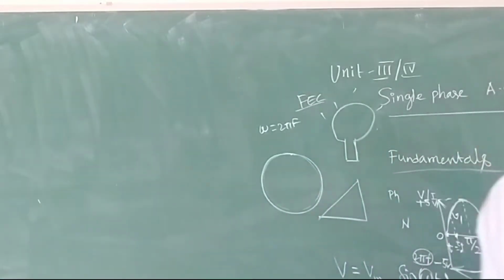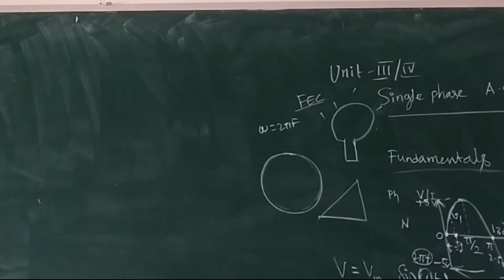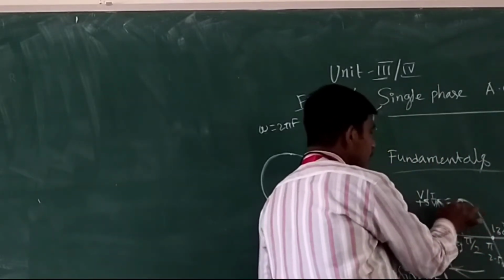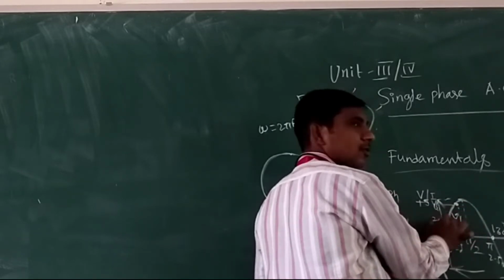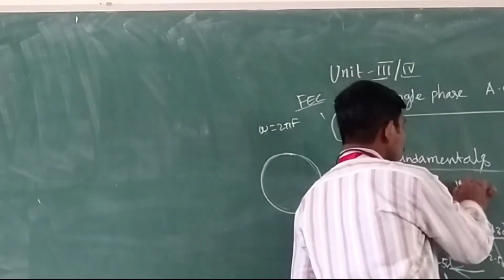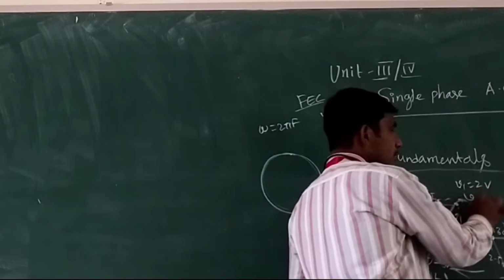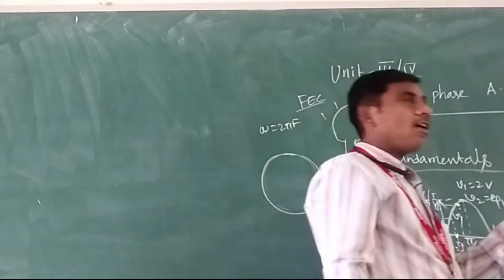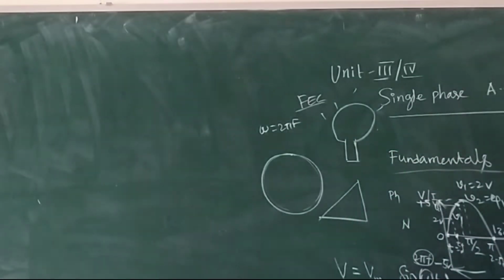The instantaneous value is always indicated by small letters, V1, V2. At this instant, the voltage is 4 volts. At this instant, 2 volts. That is V1 equal to 2 volts, V2 equal to 4 volts, like that. Instantaneous values are always represented with small letters.